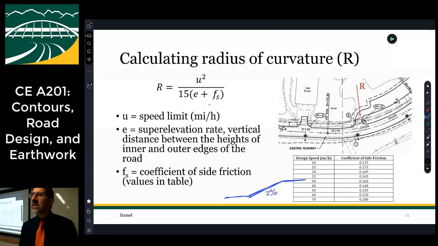Yeah. Do you add to the speed limit to account for people's speeding? No. Well, you can. Yeah, you can. I haven't designed any roads in Alaska, but I know in Massachusetts, there would be a design speed and a posted speed, and those would be different, right?